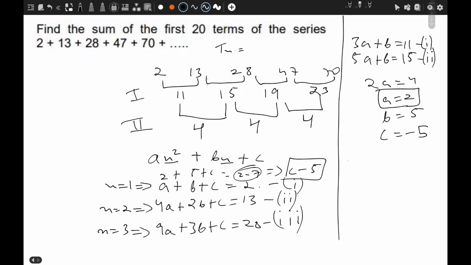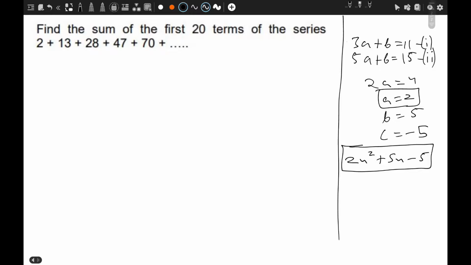So our equation becomes 2n square plus 5n minus 5. We have to find the summation of this, and we are given n as 20. Let me clear the screen first. It becomes summation of 2n square plus 5 summation of n minus 5 summation of 1.